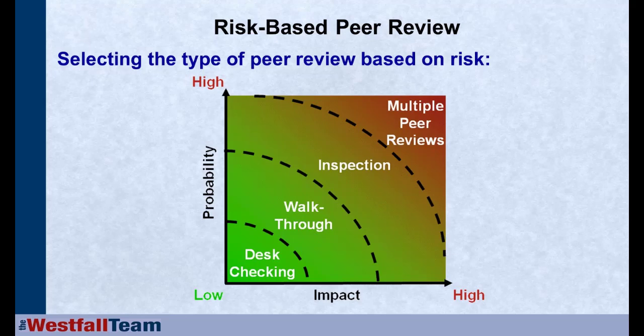And finally, you can make decisions about having multiple peer reviews. So as you're making decisions about what are required in your processes based on the integrity level, you can say, we always want to do at least walkthroughs or maybe even full-blown inspections on high integrity things. But for level 1 integrities, we can get away with just desk checks.